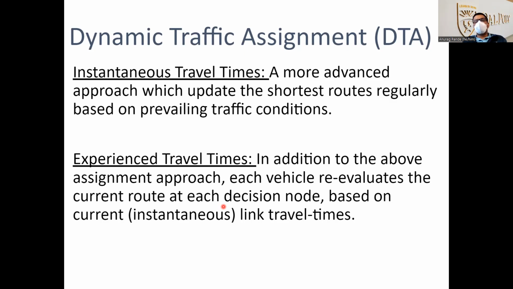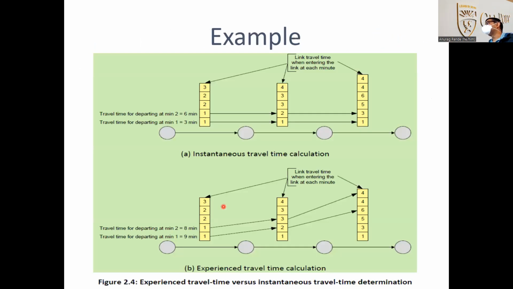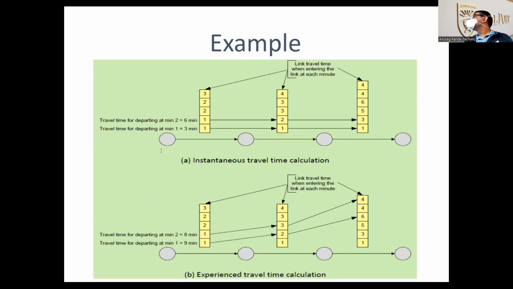Okay, and then let's do one example of this in a very, very simple network, where we do instantaneous travel time calculations and experienced travel time calculations. These boxes are your nodes. This first one is your origin node.